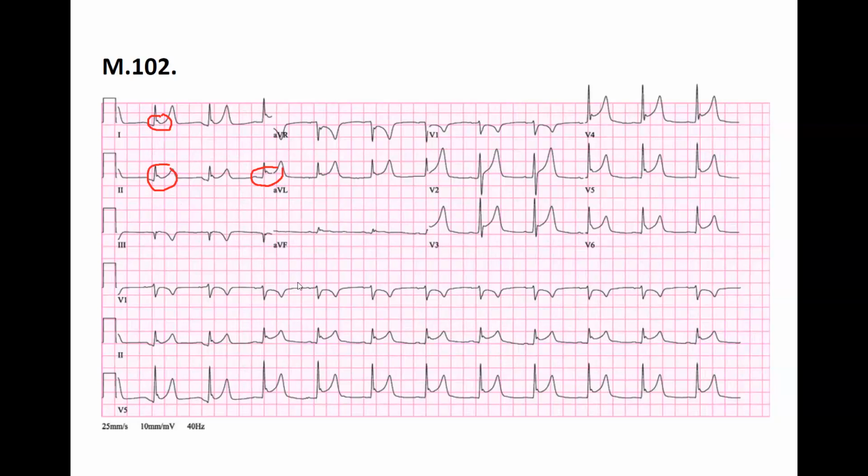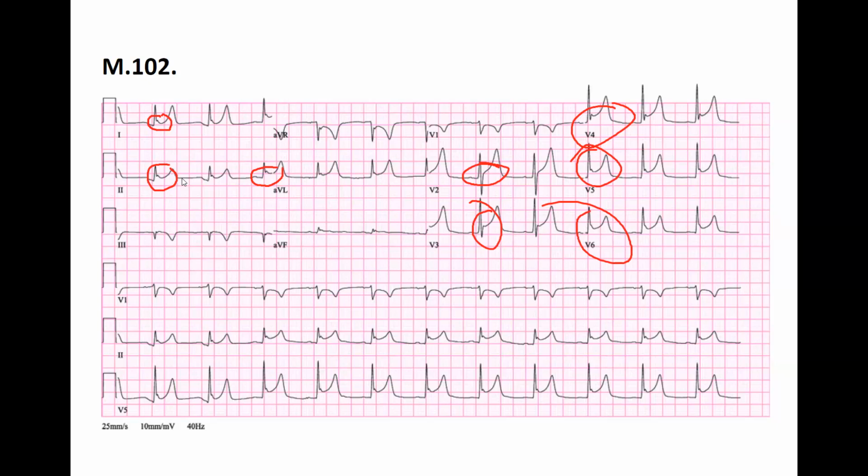And maybe you see it in V2, V3, V4, V5, V6. So relatively, we see this in the anterolateral leads, and it looks like in the inferior leads we see a little part as well. So relatively a very huge area where we see this ST elevation, all right?